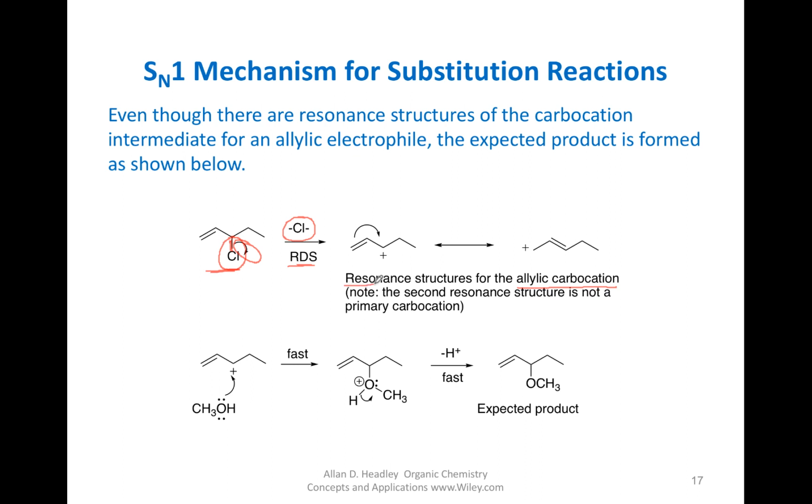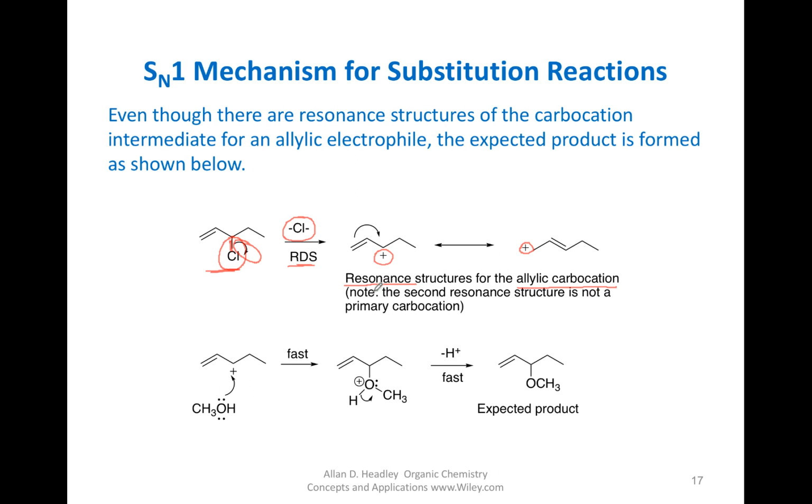We can draw resonance structures as shown here with the arrow to put the positive charge over here from here. So that's a delocalization of the positive charge. Remember again that resonance is just a delocalization of charge across atoms. And we use arrows to indicate the movement of electrons so that we can see the charge movement as shown here.